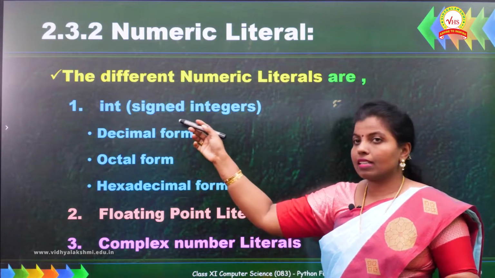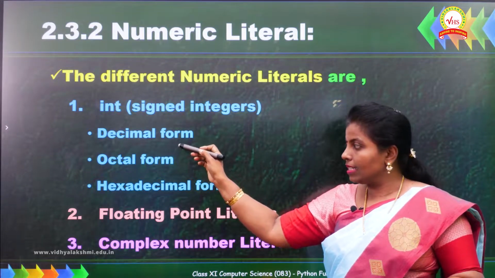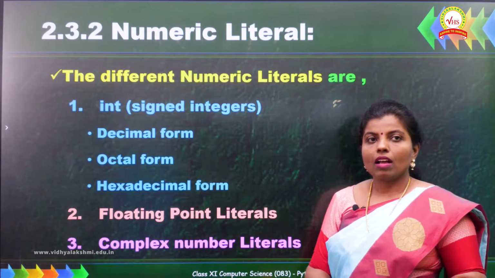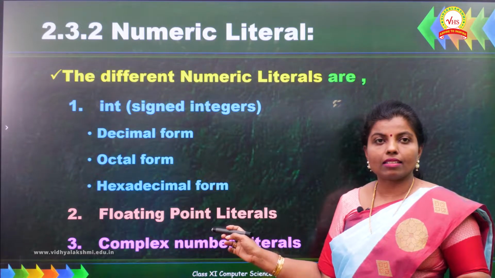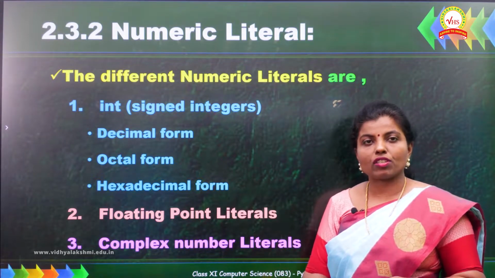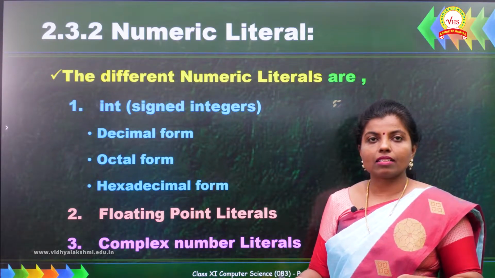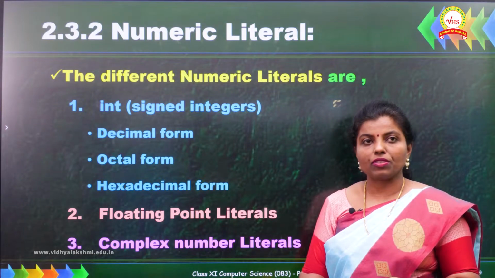The integer literals can be represented in decimal form, octal form or hexadecimal form, and the floating point literals can be represented in fractional form as well as in exponent form. We are going to learn about these in the coming session.